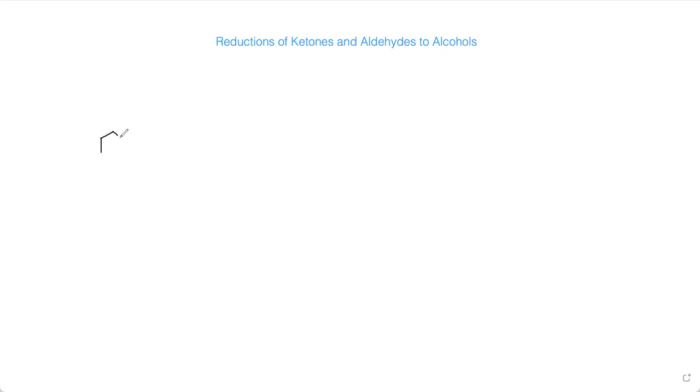Okay, so I am going to go ahead and show a mechanism for the lithium aluminum hydride reagent because it is very widely applicable for this particular synthesis. So we'll start with this compound here, which is an aldehyde again, but again, this also works for ketones.